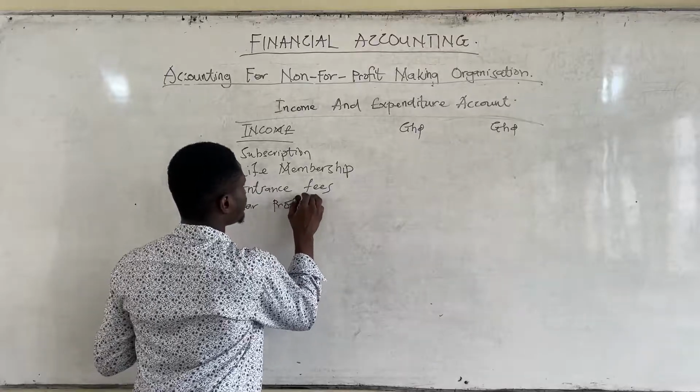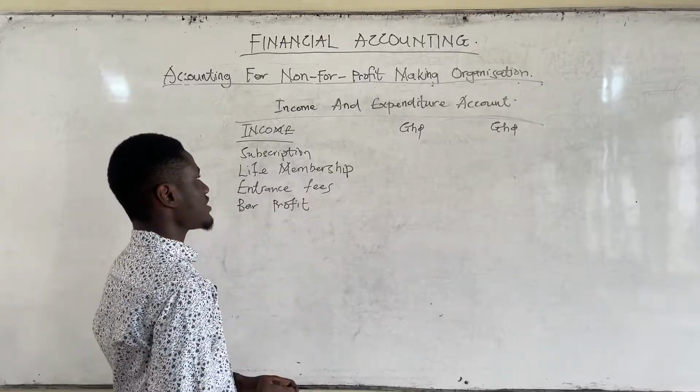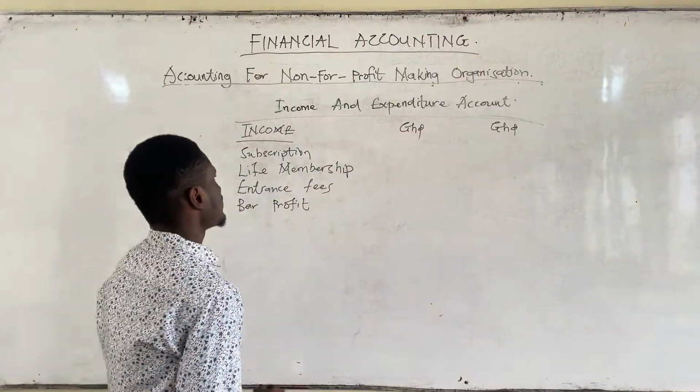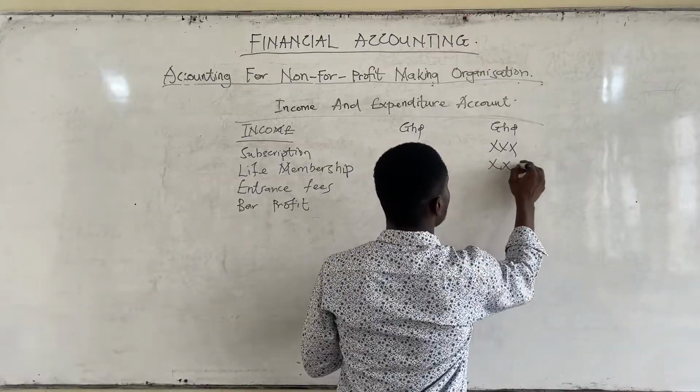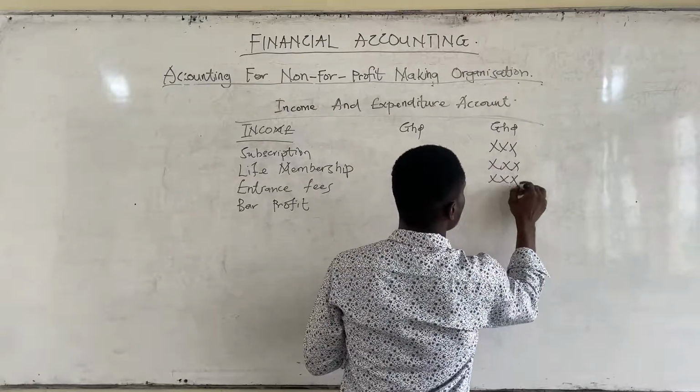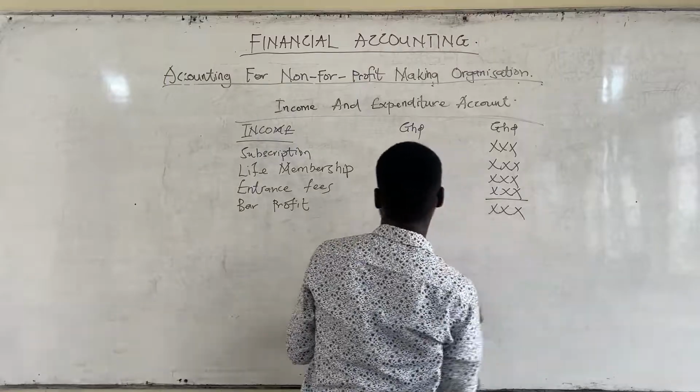So the bar profits you have to find by using the bar trading account. So these are some of the items that will come under income. So you add them together. You get your total income.